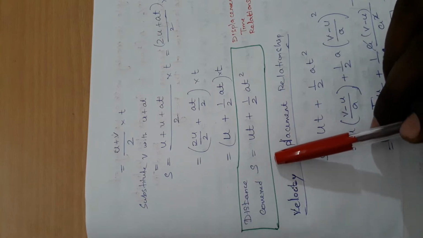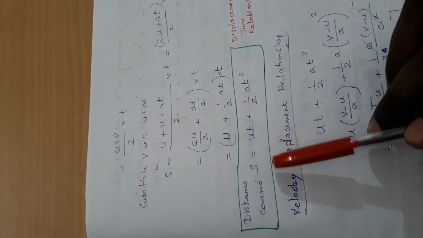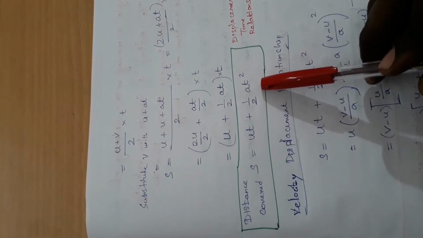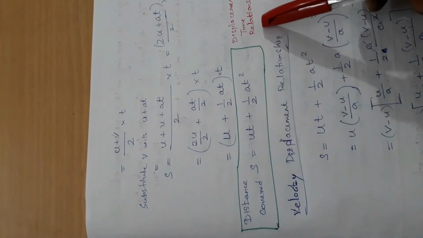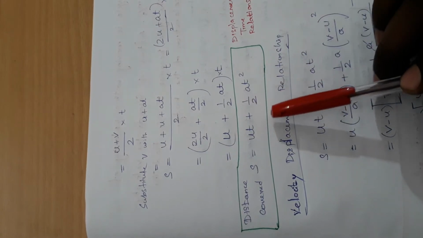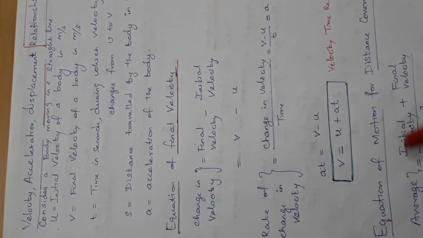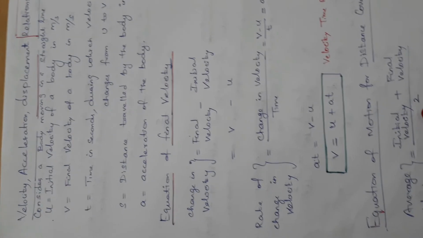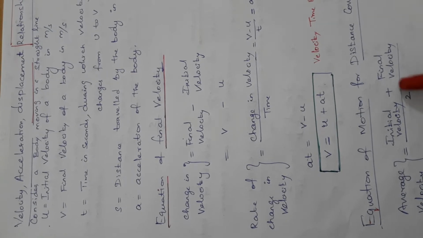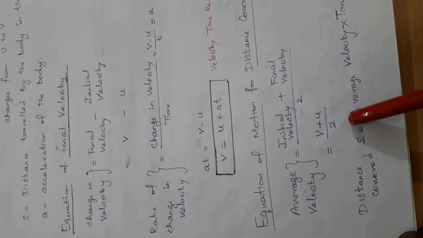First of all, you must have seen the formula s is equal to ut plus half at square. This is the displacement and time relationship, and now we are going to see how this equation is derived. Average velocity is initial velocity plus final velocity divided by 2, which is v plus u by 2.